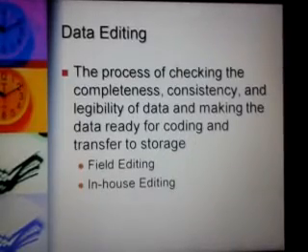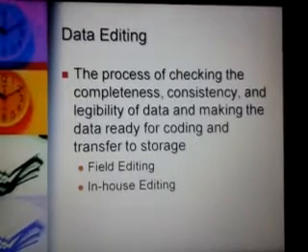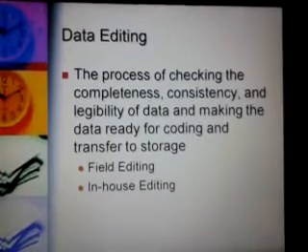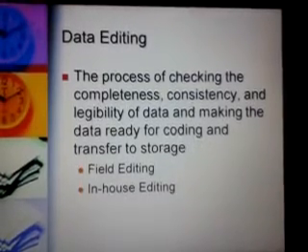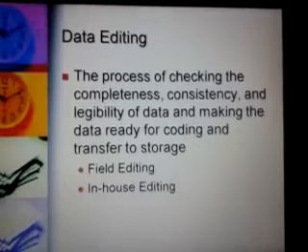And if that happens in 1 in 1,000 cases or 1 in 100 cases, that unanswered questionnaire can be eliminated.